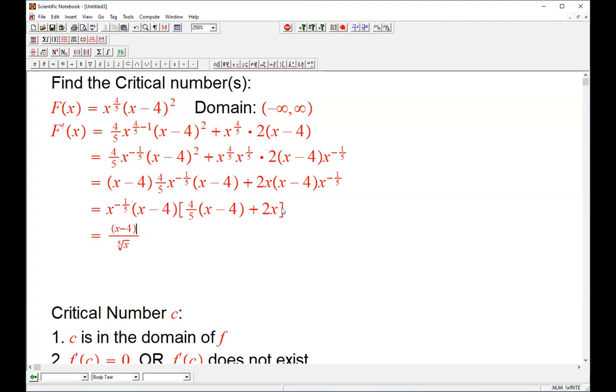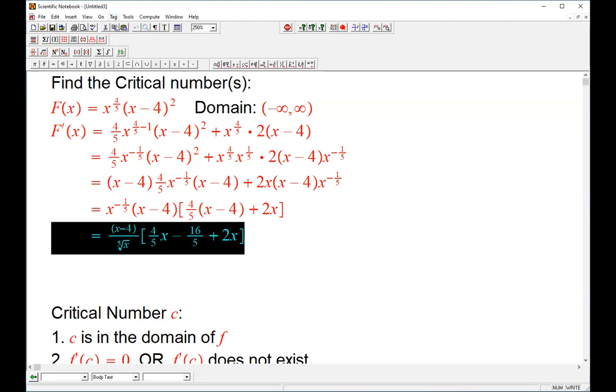And the question is, we're going to organize that term too, right? So 4/5 times x, that's going to be 4/5 times x minus 16/5 plus 2x. Okay.